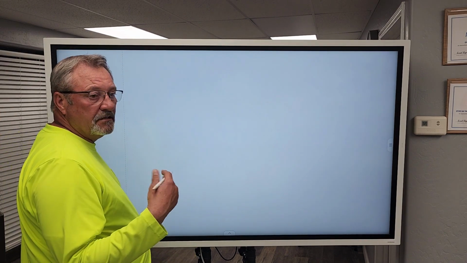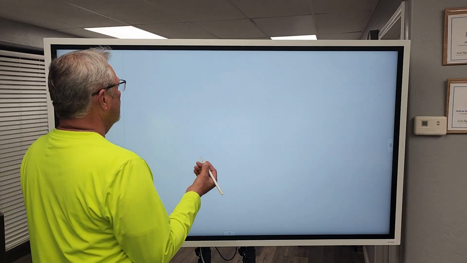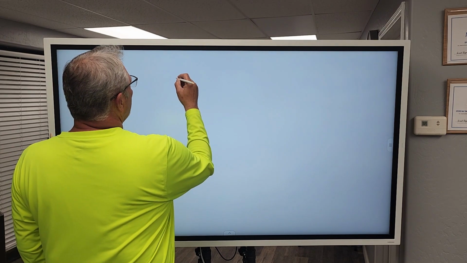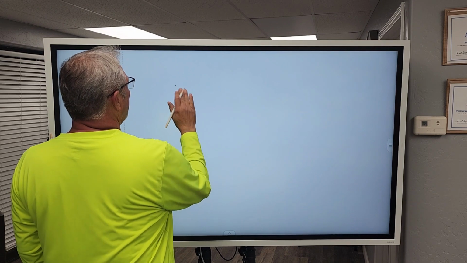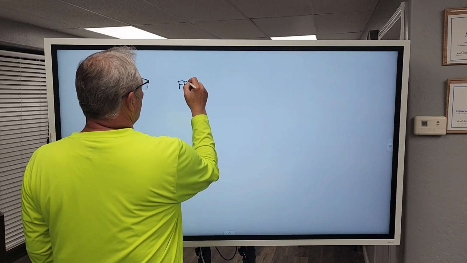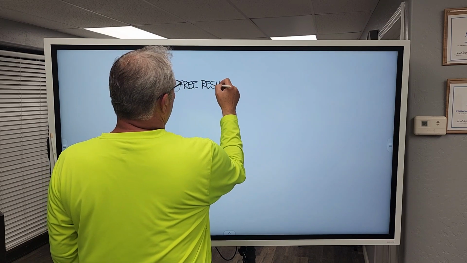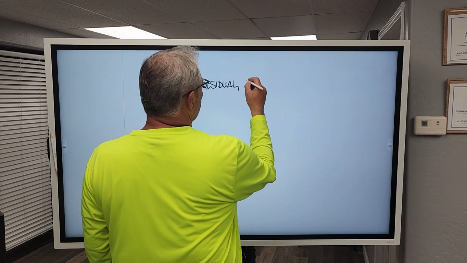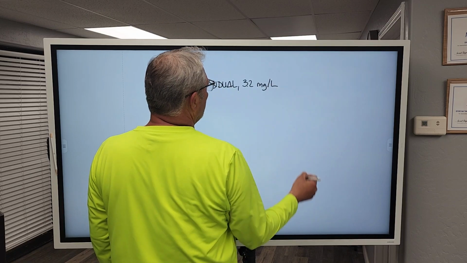So, breakpoint chlorination. On your certification exams, you're going to get questions that are going to say something like: the free chlorine residual is probably, let's call it, 3.2 milligrams per liter.